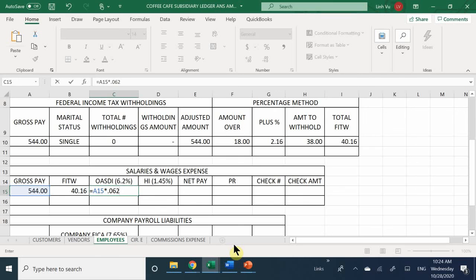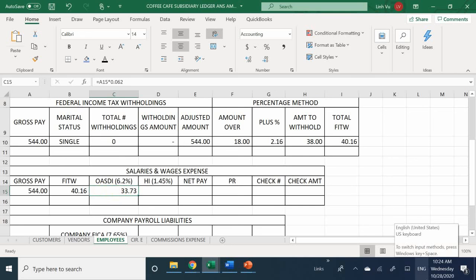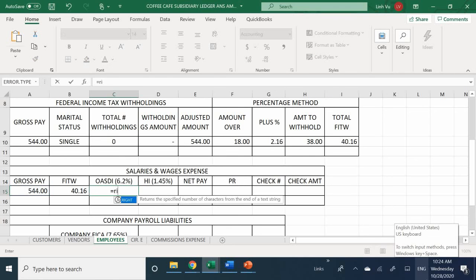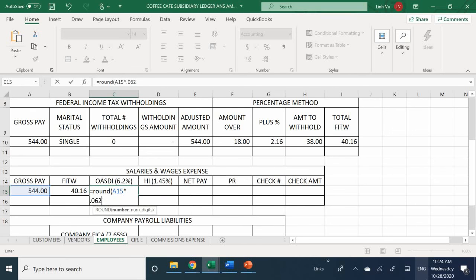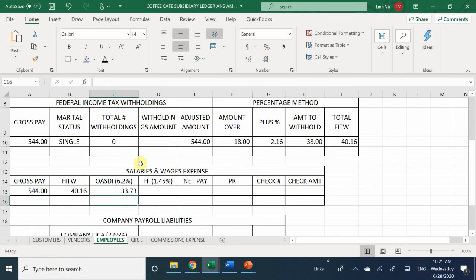Hold on. 544 times 0.062 is $33.72, rounding up, $33.73. And then Medicare.